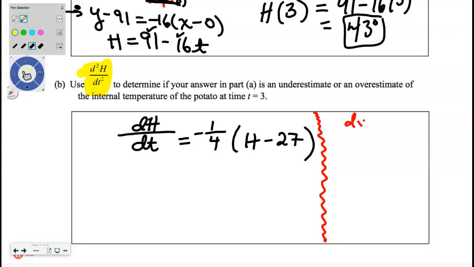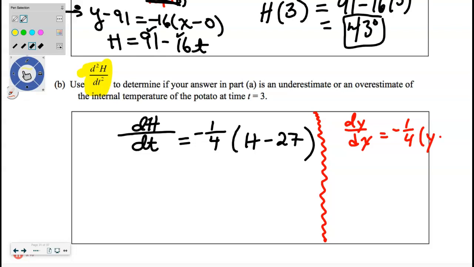I'm going to make this dy/dx, something you're more familiar with, instead of dh/dt, equaling negative 1/4 of, now look, what variable do you think I'm going to put right here? y. Not h, the letter y. Yeah, you said it kind of like a question. Why?